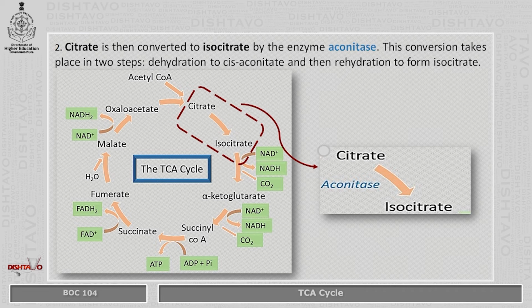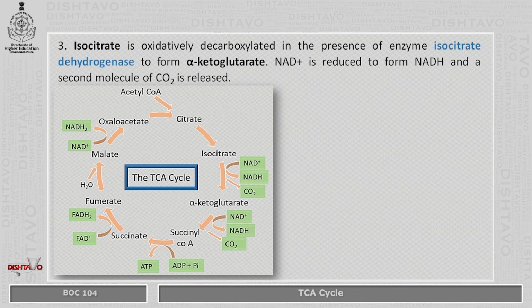rehydration takes place, wherein cis-aconitate is converted to form isocitrate. Isocitrate is oxidatively decarboxylated in the presence of the enzyme isocitrate dehydrogenase to form alpha-ketoglutarate. Here, NAD+ is reduced to form NADH, and the second molecule of carbon dioxide is released.